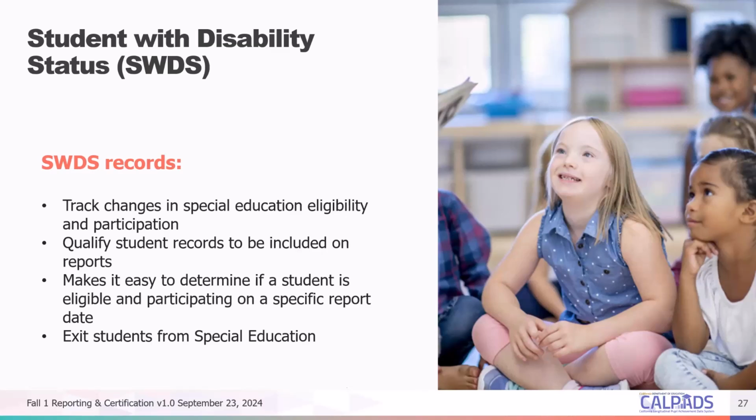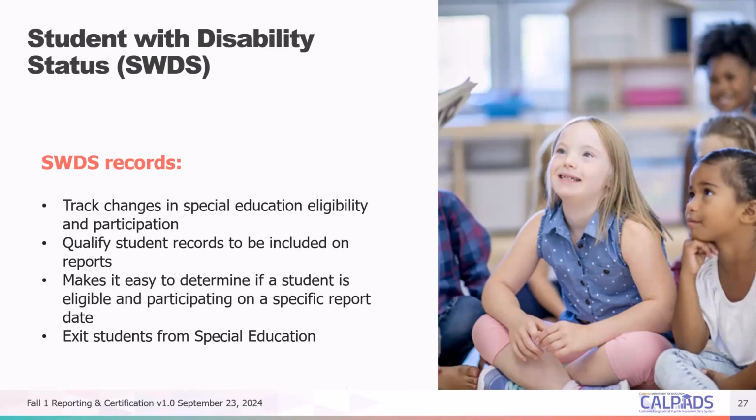And so they created a status to help identify who should be included on the reports. They qualify a student record to be included on reports, which makes it easy to determine if a student is eligible and participating on a report. Again, that's the purpose of it.